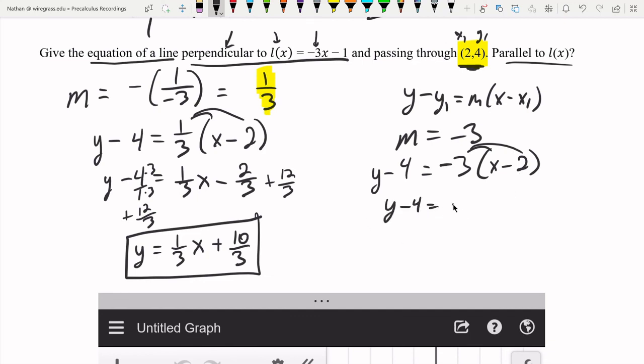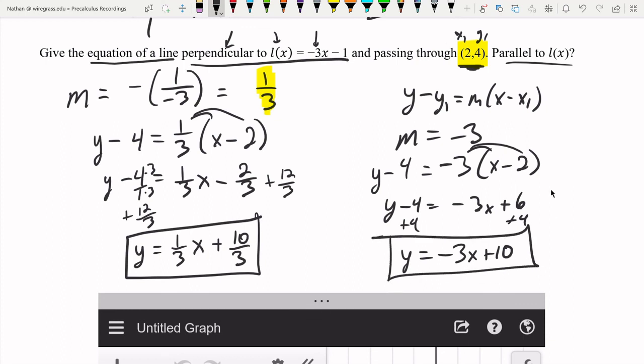Y minus 4 equals -3x plus 6, so y minus 4 equals -3x plus 6 and then plus 4 gives y equals -3x plus 10. And this line is parallel because it has a different y-intercept, but the same slope, -3 and -3. So those are the two lines.